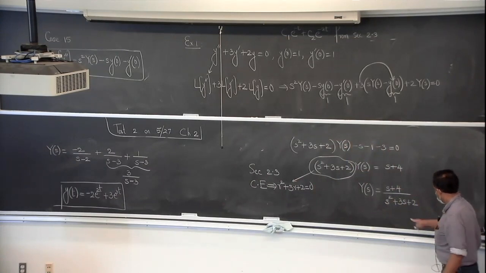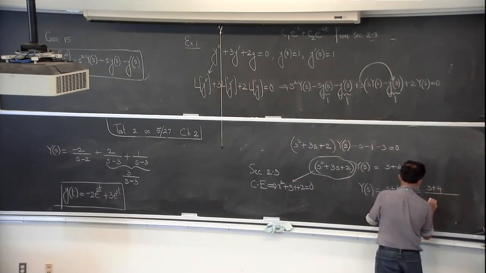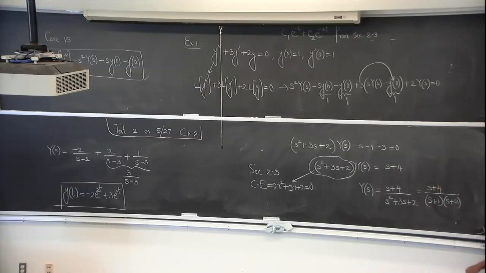So this one we could factor as s plus 4 divided by s plus 1 times s plus 2. Partial fraction.